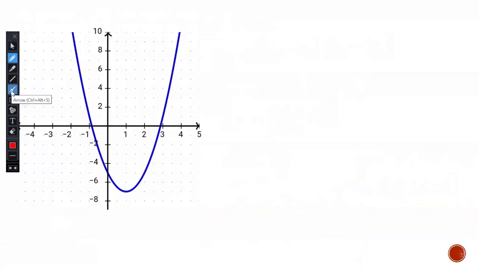Okay, now still on finding the equation, but this time around, let's focus on the turning point form. So the turning point form, TP.